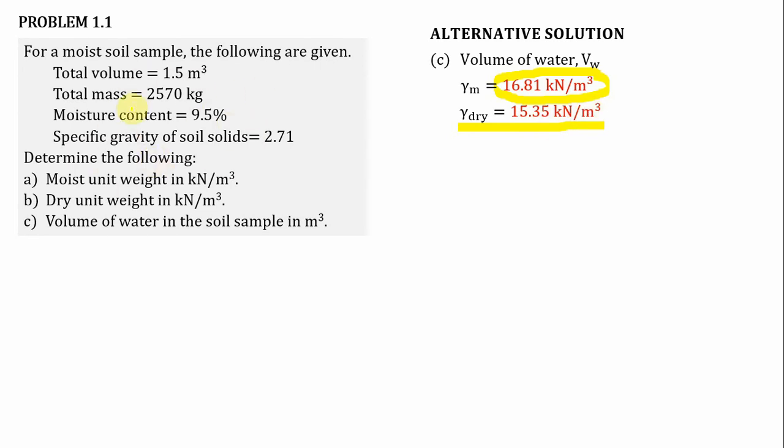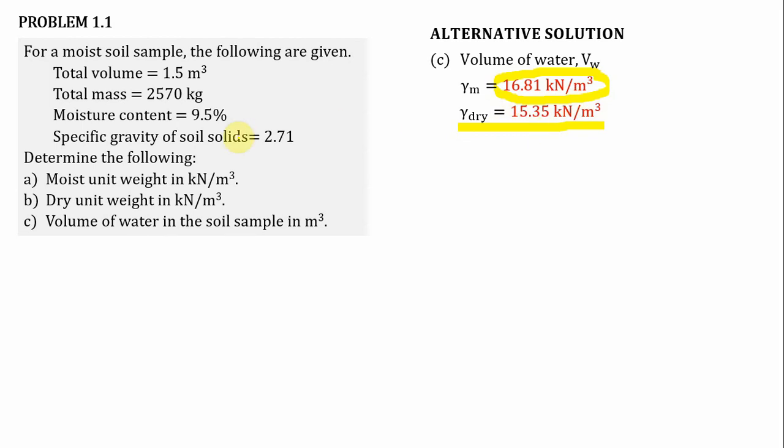So, let me consolidate. For moist, in every cubic meter there is 16.81 kilonewton of moist soil. And for dry, in every cubic meter there is an equivalent 15.35 kilonewton of dry soil.